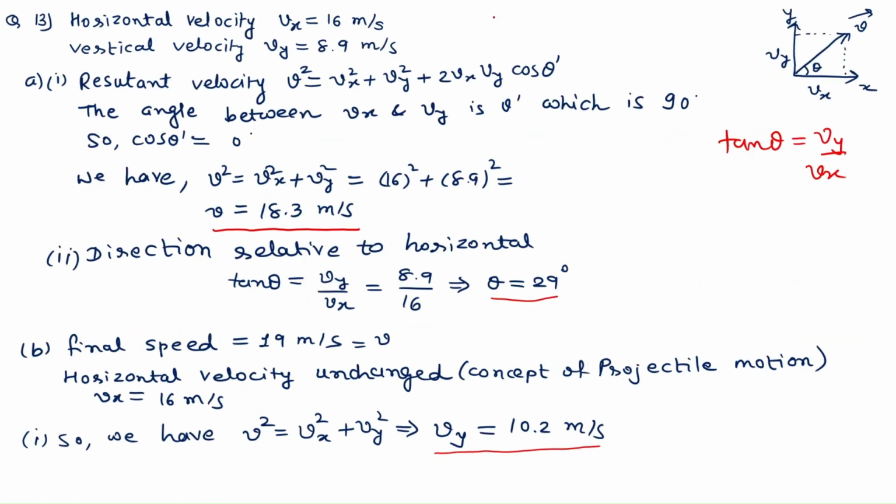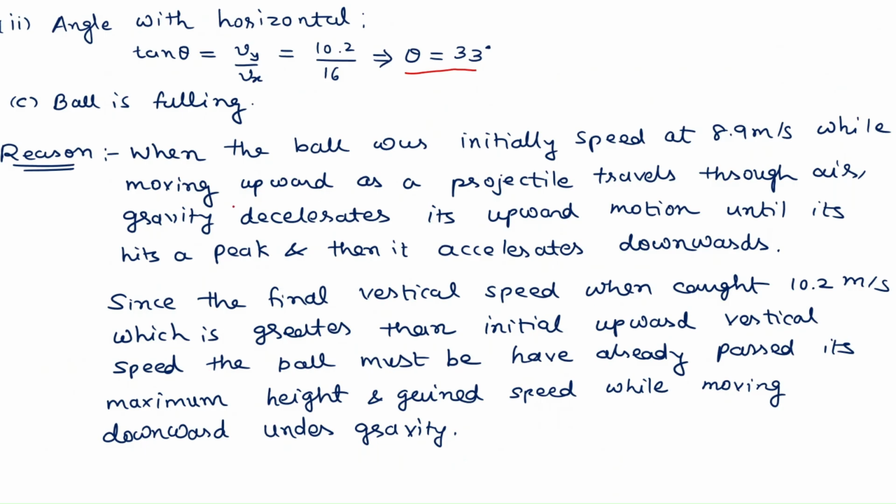Now, this time put this value 10.2, which we find as vy, and vx is already given, which is still the same, which is 16, and we got the answer 33 degrees.